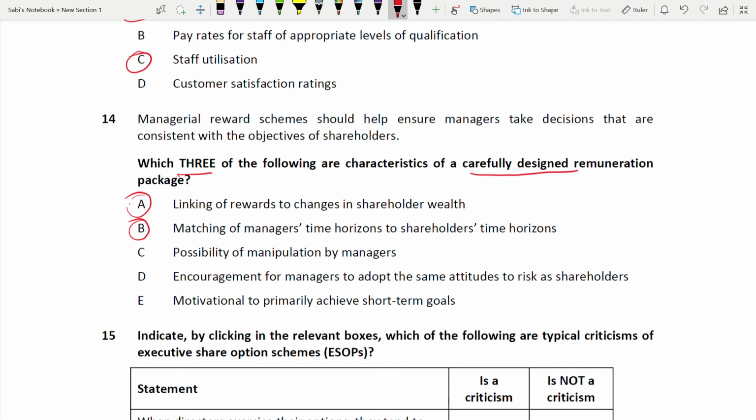Yes, D is the answer. What about E? Motivational to primarily achieve short-term goals. It is not, because a carefully designed remuneration package means it should focus on both short and long-term goals, not just short-term goals.